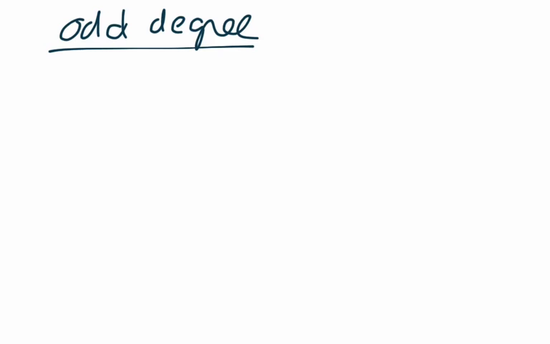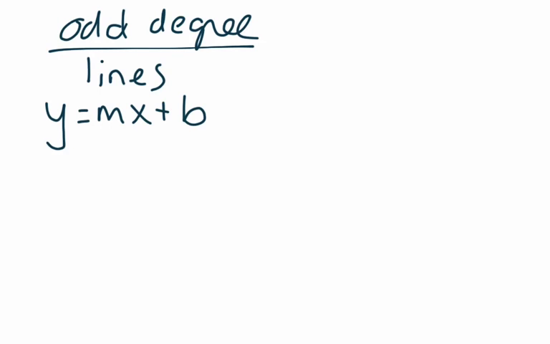Because you are actually already familiar with odd degree polynomials, namely lines. If you think about lines, lines are y equals mx plus b, where the exponent on the x would be a 1, and 1 is odd. So lines are what we call odd degree polynomials.